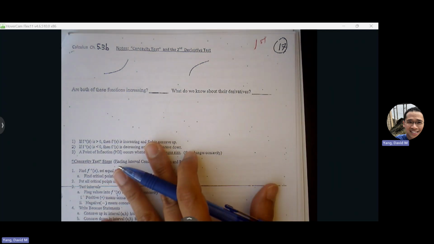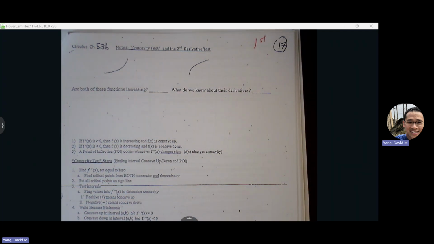All right, guys, page 17 in your packet. This is the last set of notes before our quiz review. So Friday, we talked about this test called the first derivative test.